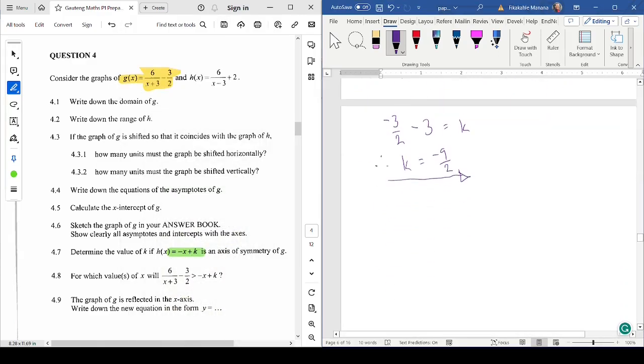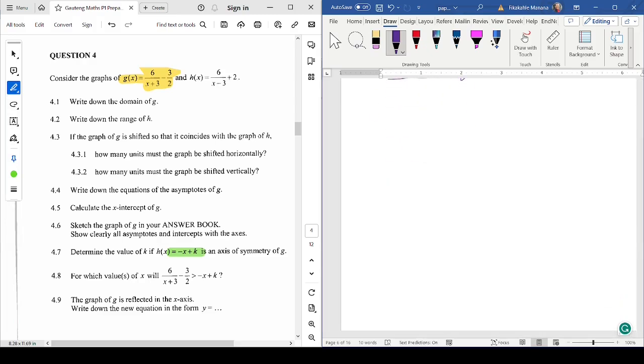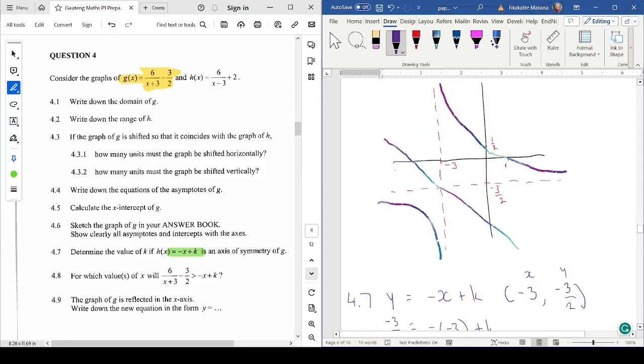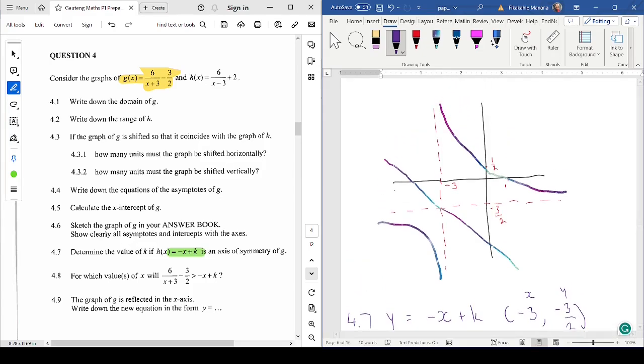Now let's move on to the next one, which is 4.8. For which values of x will the graph of g be greater than the gradient? Okay, let's come and look at that here. Now, if we are coming from infinity and going that way, right?